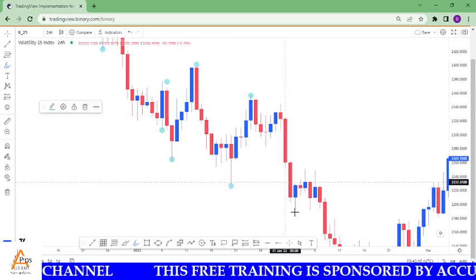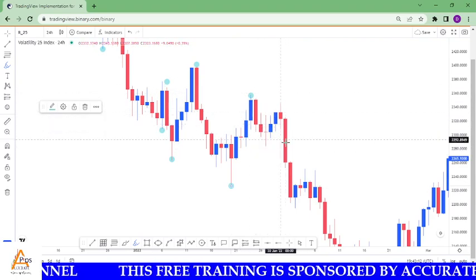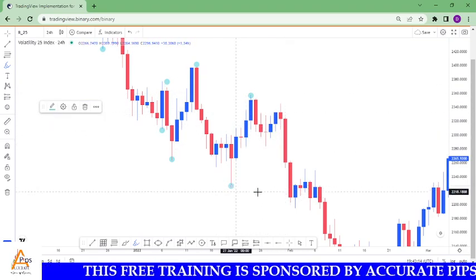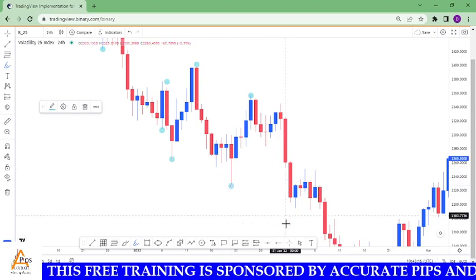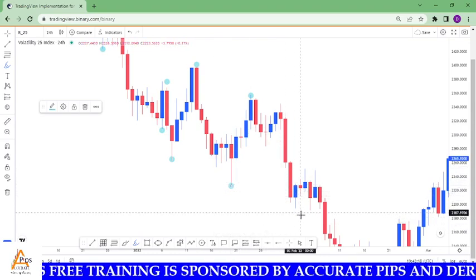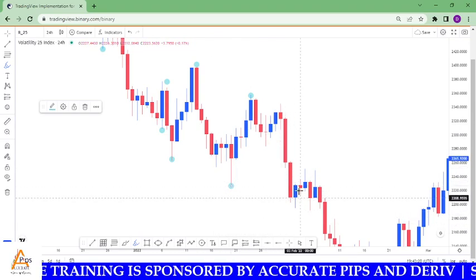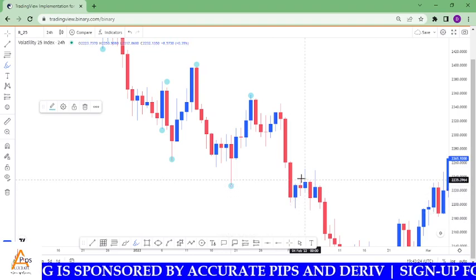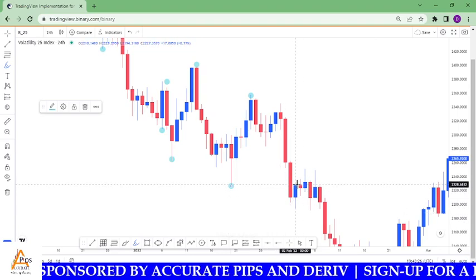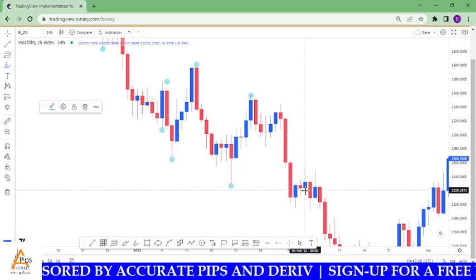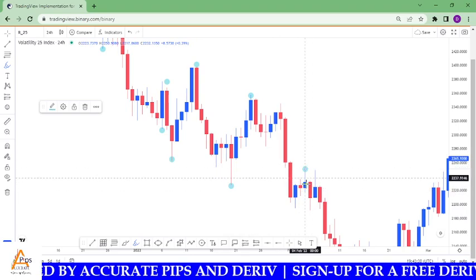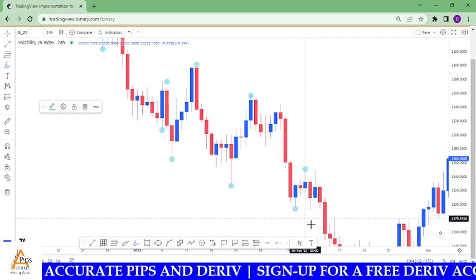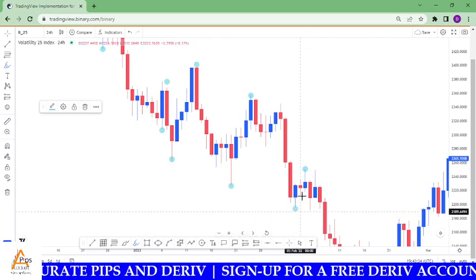Then we have market movement. This is all single leg, because we haven't taken out this guy. So that is all single leg movement. Once we take out this guy, we now begin to look out for the next pullback, where here we have this red candle taking the high of this guy, making this a valid pullback.